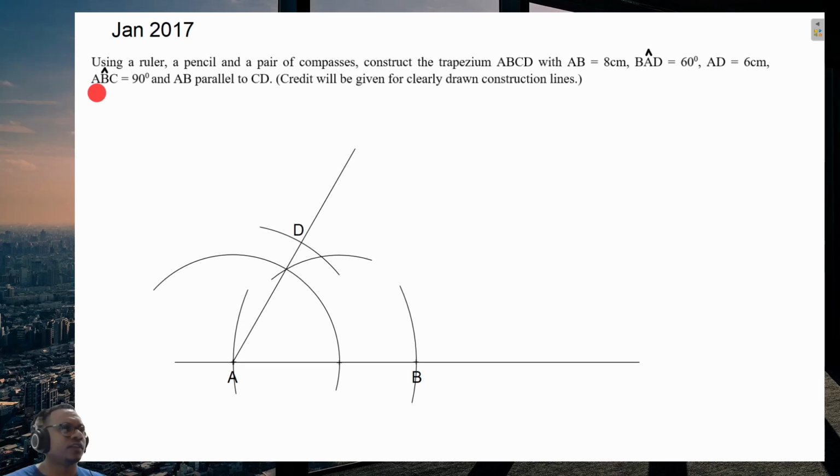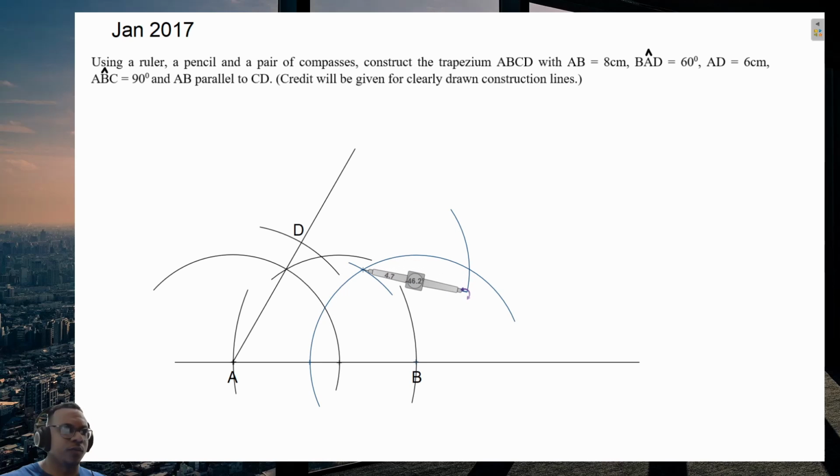Next we'll construct the angle ABC being 90 degrees. That means the angle at B is 90 degrees. So I open out my compass to a distance that I'm comfortable with. So I place the compass point at B, and I'll make an arc to cut the line. This point here will be our 60 degrees.